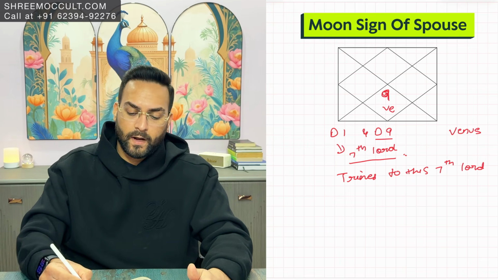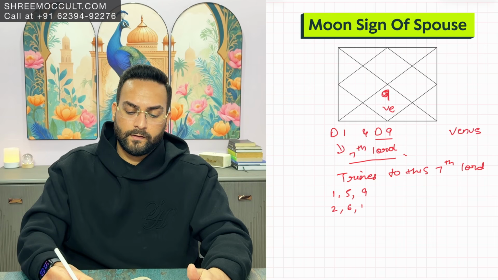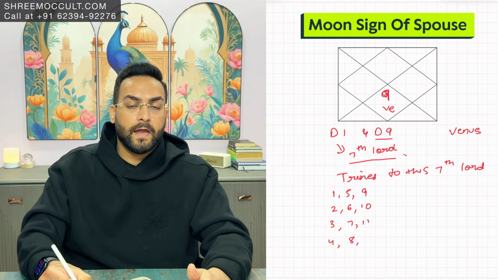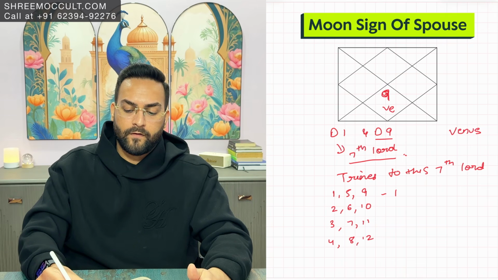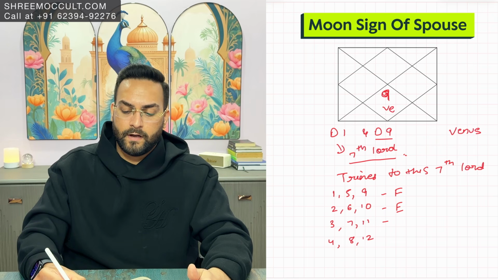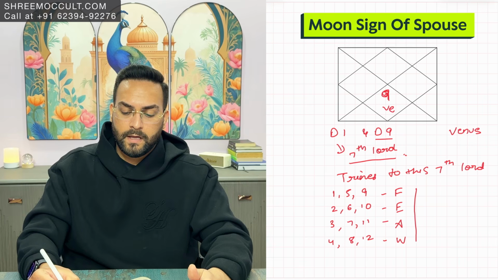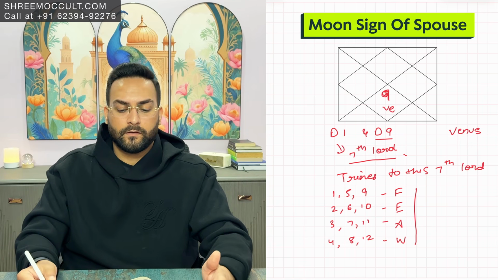So what are the trines? Trines are 1, 5, 9; 2, 6, 10; 3, 7, 11; and 4, 8, and 12. 1, 5, 9 are fire signs. 2, 6, 10 are earthy signs. 3, 7, 11 are air signs, and 4, 8, 12 are water signs. So you'll see in D9 where it is sitting.